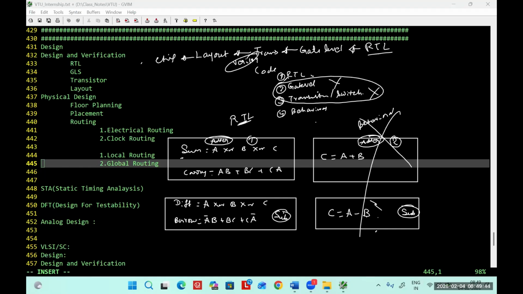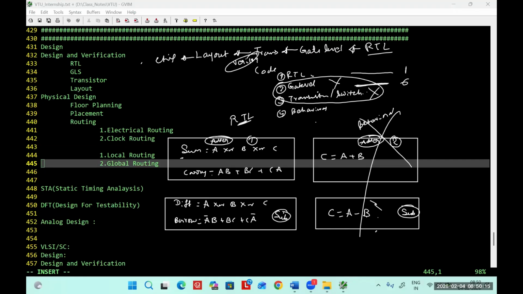Clear? Because if you remember, I gave you one example maybe 3 or 4 days back. If you write the mux in RTL, how many lines are needed? 1 line. Y equal to select question mark A colon B. The same code in gate level, how many lines does it become? 6 to 9 lines.